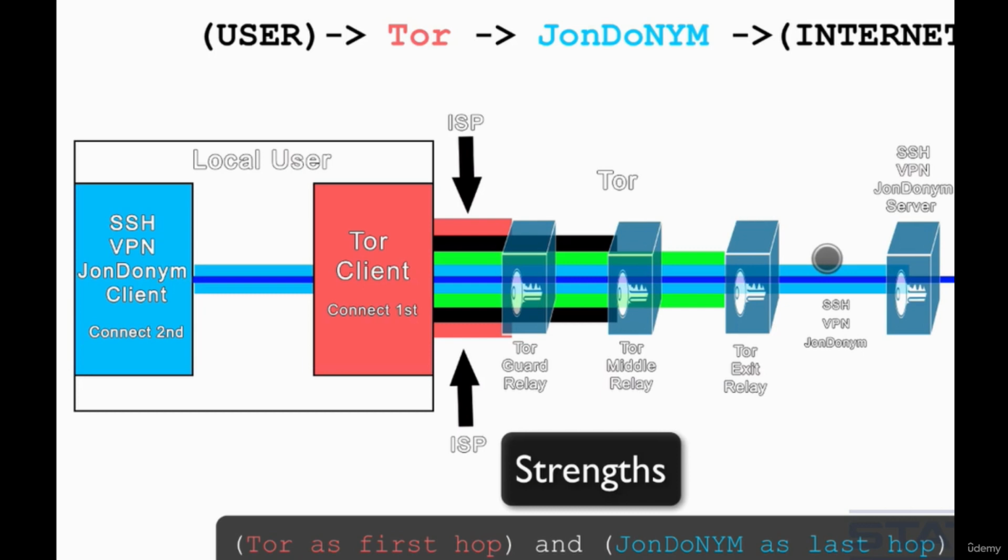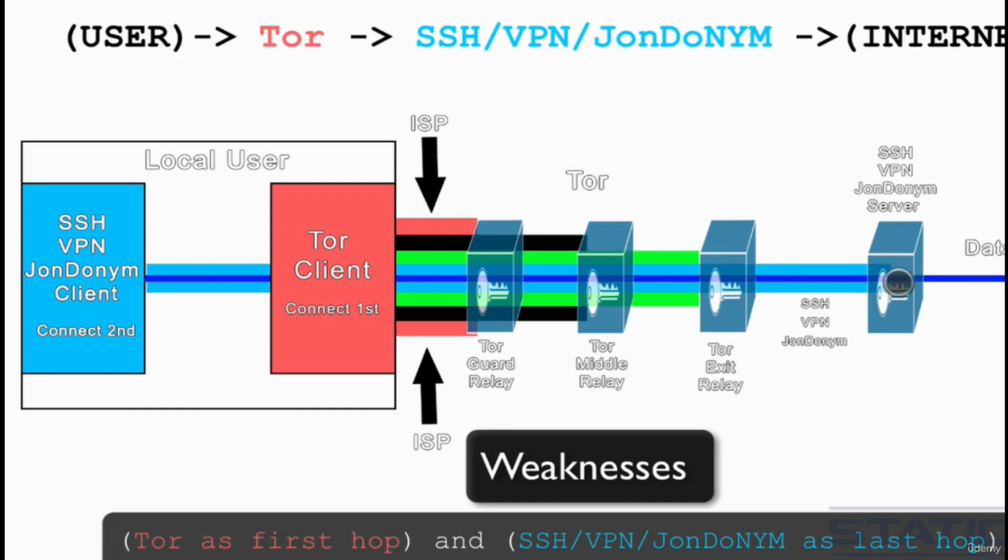It cannot reach its destination through this layer if Tor is first hop and SSH, VPN, Jondonym is last hop. In some cases, Tor hides your IP address by SSH, VPN or Jondonym server, but it can clarify your IP address and store your data, and Tor fails there.